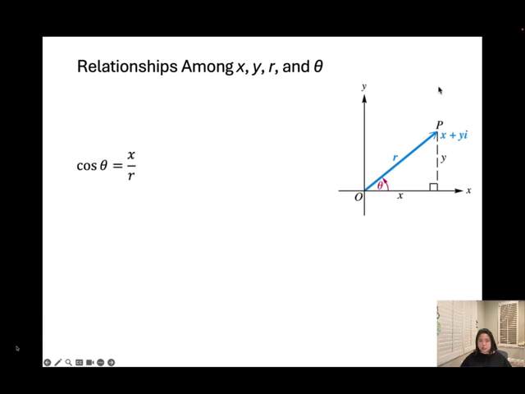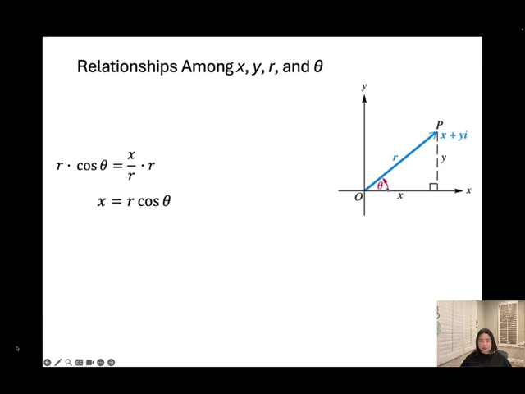Cosine theta is equal to adjacent over hypotenuse, so I have x over r. Then I multiply by r on both sides, so this cancels out, and I am left with x equal to r cosine theta.